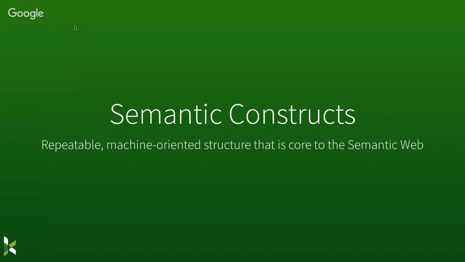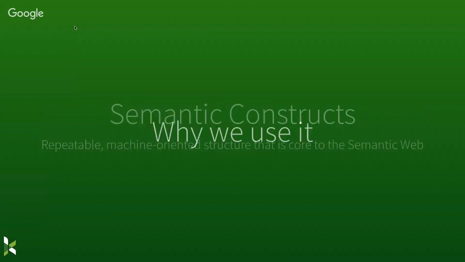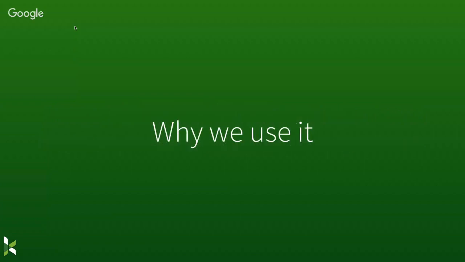And because it's so repeatable, it makes it easier at the broader semantic web level for machines and search engines to make sense of your content and understand its larger place in the content hierarchy that exists on the web.